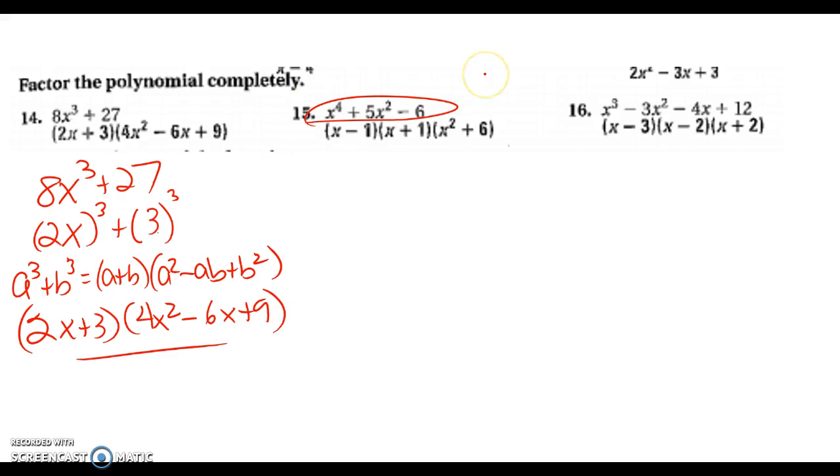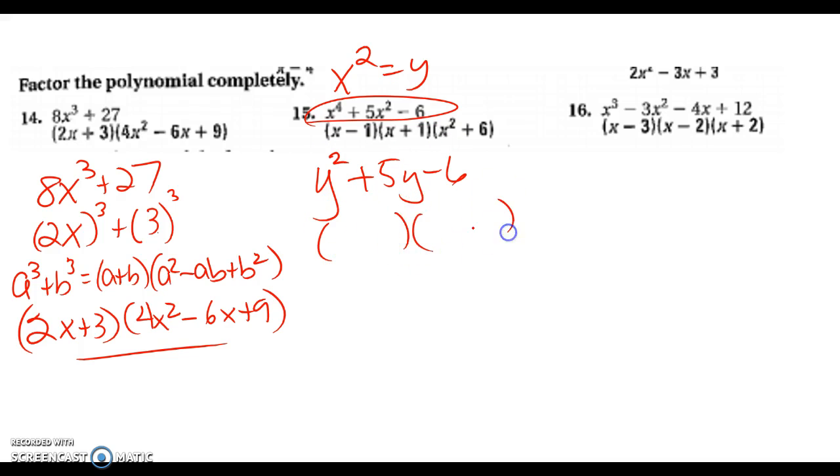Now, if we want to factor this, we're going to treat it like a quadratic. So let's say we substitute y for anything that's x squared. So it's y squared plus 5y minus 6. That factors into, let's see, y plus 1, y plus 6, y minus 1.